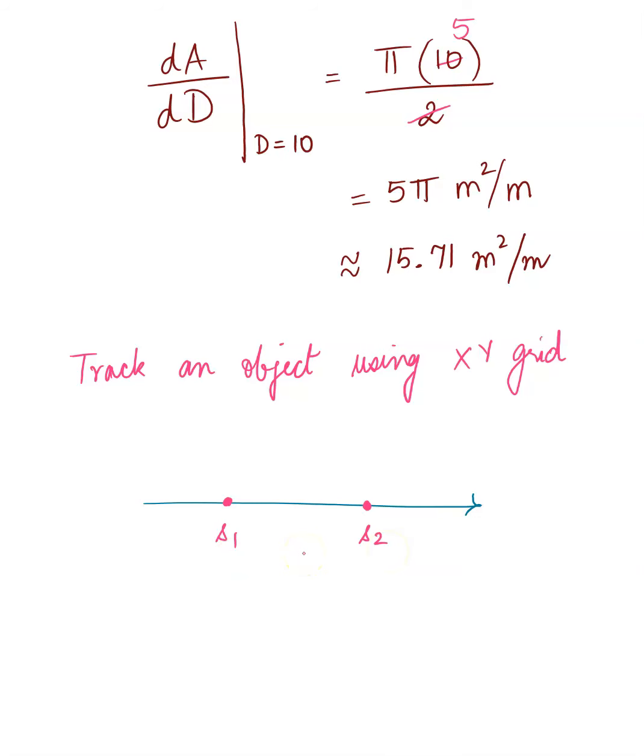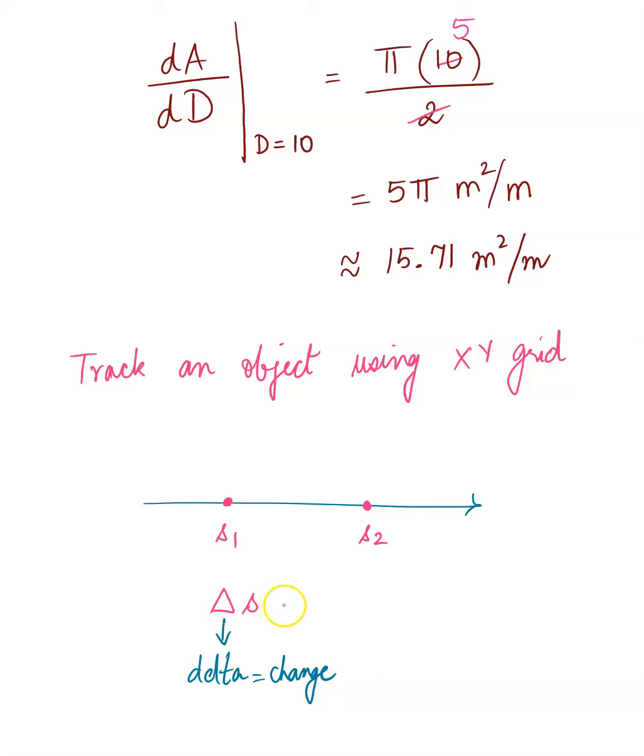So again, in physics, we like to use this triangle symbol, delta S. The triangle symbol is actually a Greek letter, and it's pronounced delta. So delta S means change in S, change in the position.